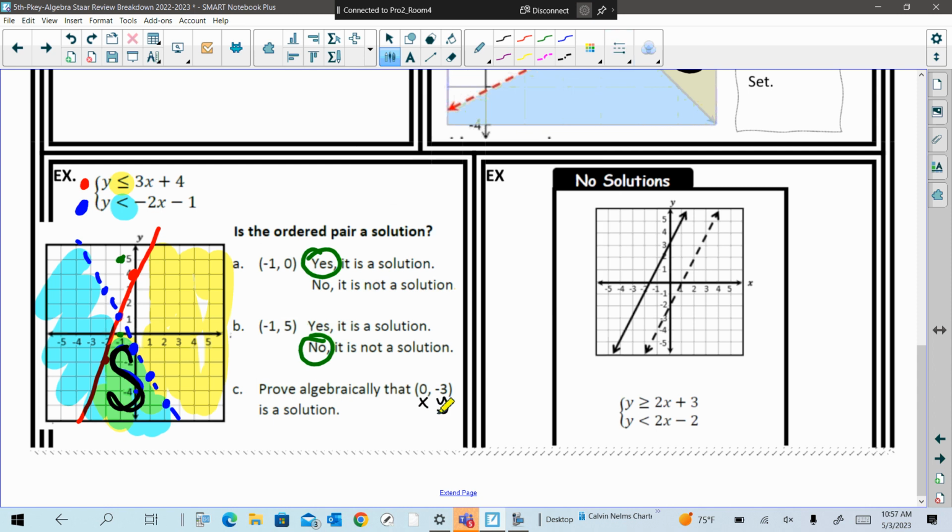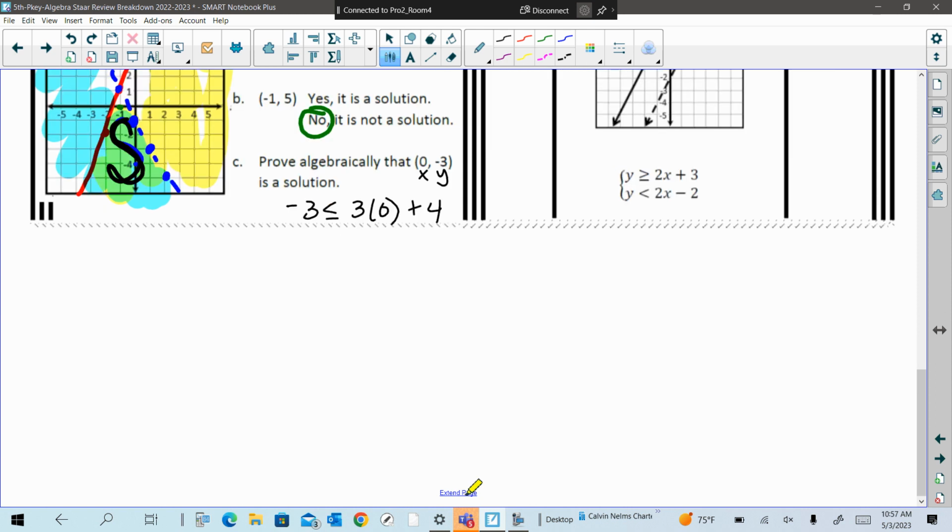So if I do inequality 1 right here, this would be -3 is less than or equal to 3 times 0 plus 4. So when I simplify that, is -3 less than or equal to +4? Yes, that one is yes.